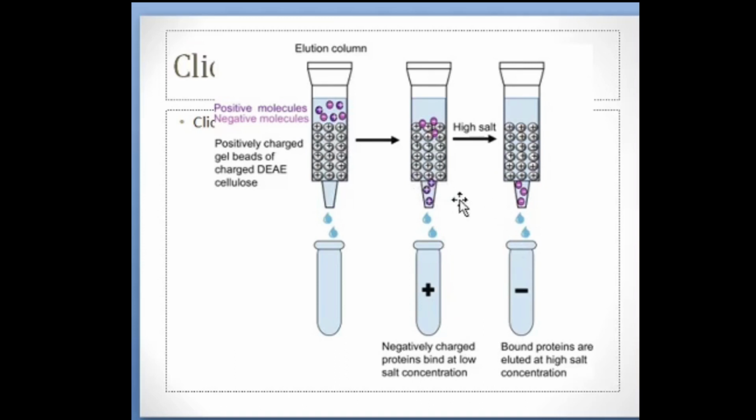The negatively charged molecules bind to the positively charged beads. In order to remove them, we can pour a buffer solution or a solution containing a high salt concentration, and that will elute the negatively charged molecules and we can collect them.